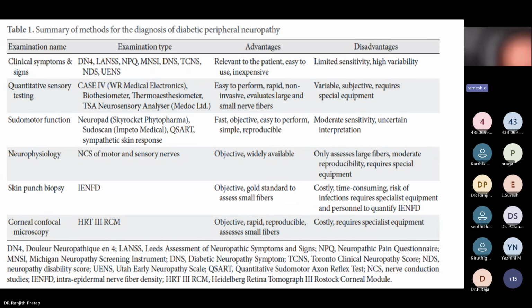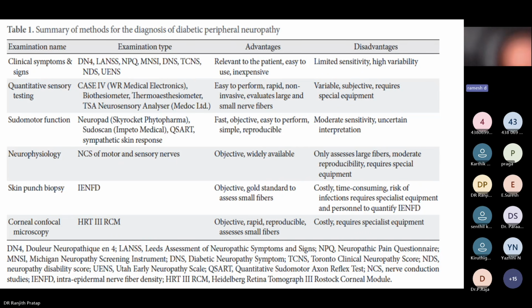The advantages are that it is objective, we can use it to assess the small fiber functions, and it is reproducible. The disadvantages are the cost, and it requires a specialist, and skills are also required to do the investigation.